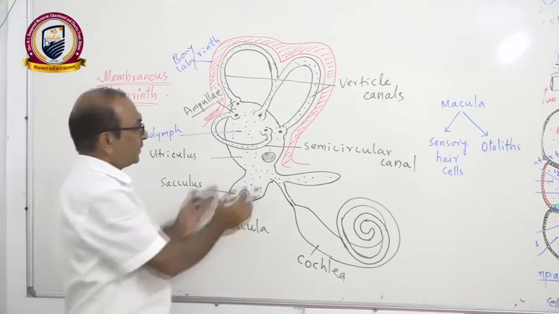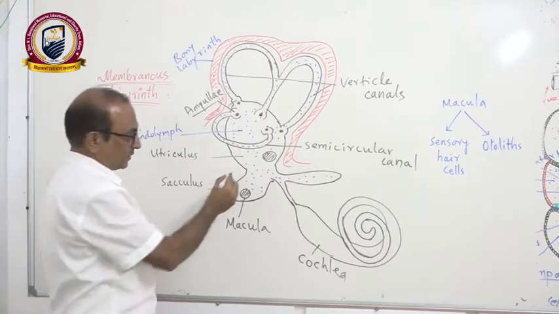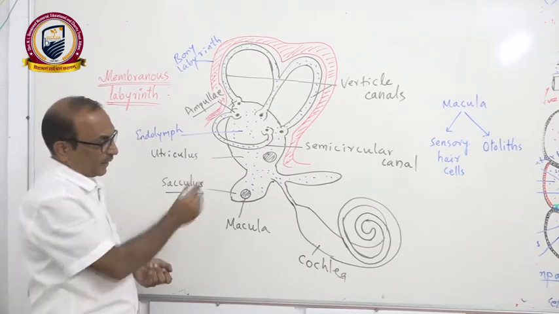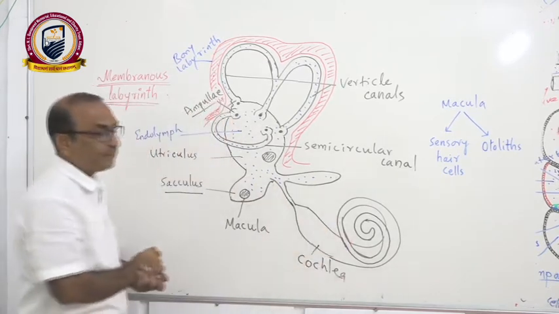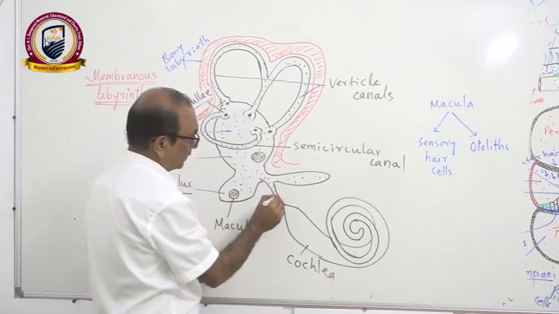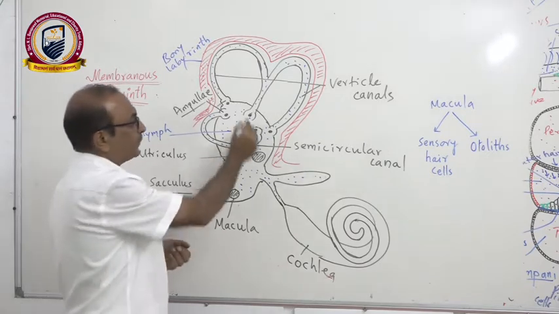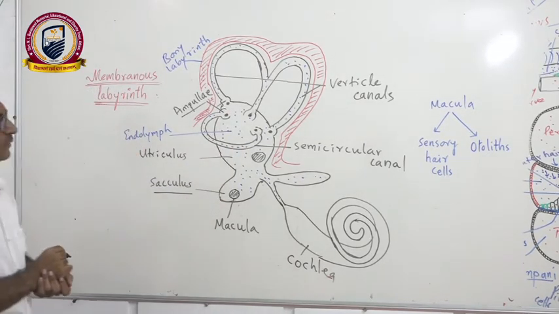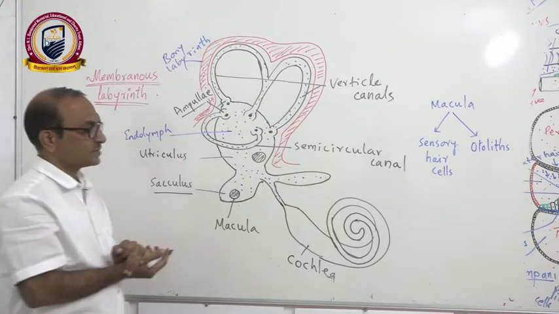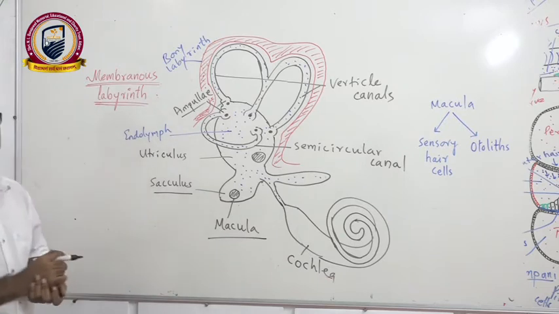And this membranous sac, utriculus, further is connected to the sacculus and also to the cochlea by a thin duct. Now inside the ampullae of the semicircular canals, as well as in the sacculus and utriculus, there are some sensory structures called maculae.